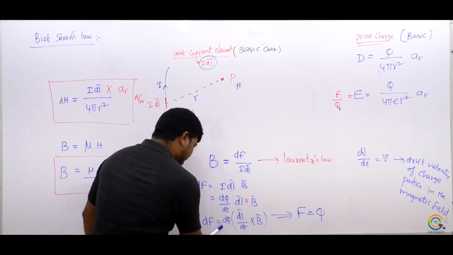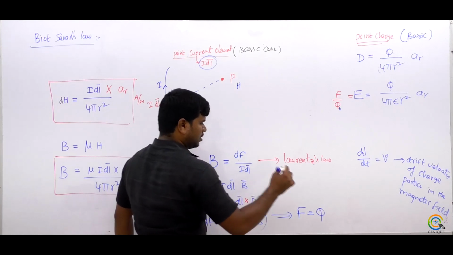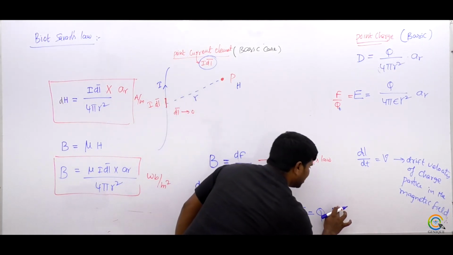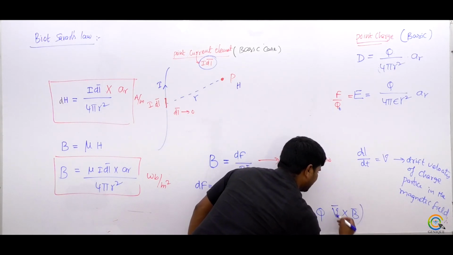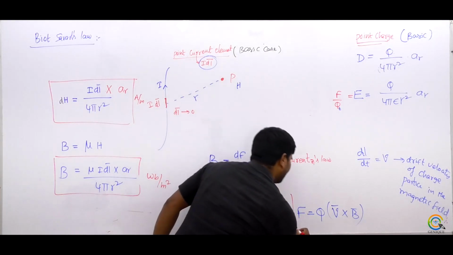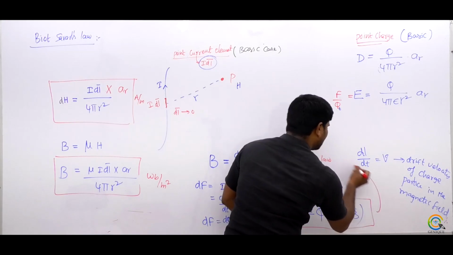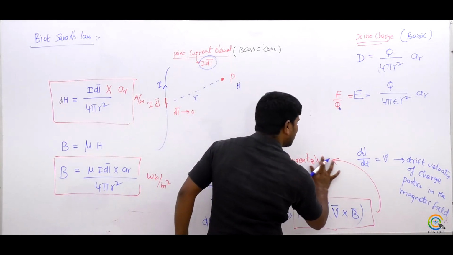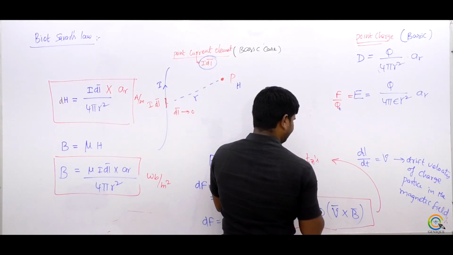So I can write F is equal to Q into V cross B. This is a very, very important relation, and this relation is called the Lorentz force law.